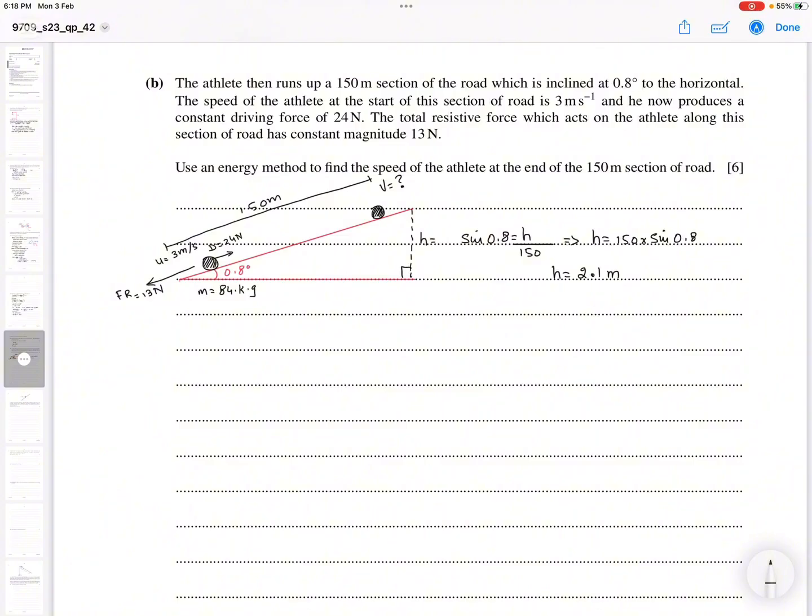We would apply the work energy principle. That is, total work done is equal to increase in mechanical energy.